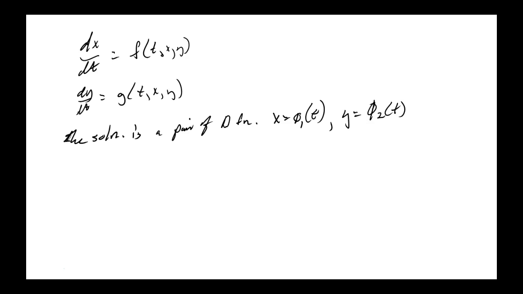Now, they've been naming several different types of solutions. You have trivial solutions, you have singular solutions, we had particular solutions, and n-parameter families of solutions, okay?